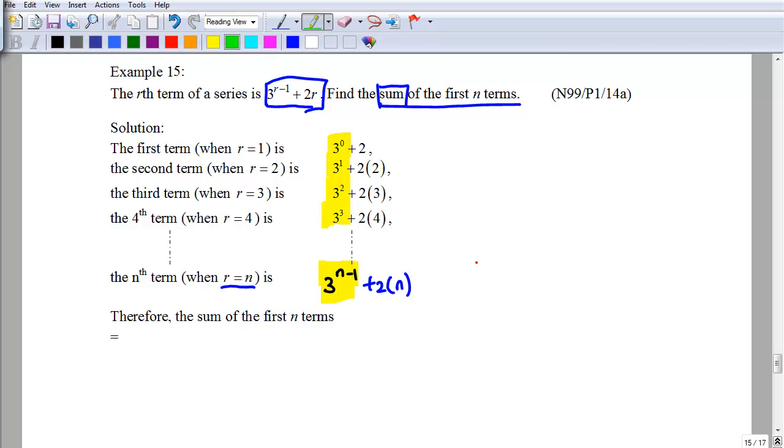And the terms with 2 multiplied by 2, 2 multiplied by 3, 2 multiplied by 4, and so on, on the right side, are another form. So if we try to add those terms highlighted in yellow together, what do you see?